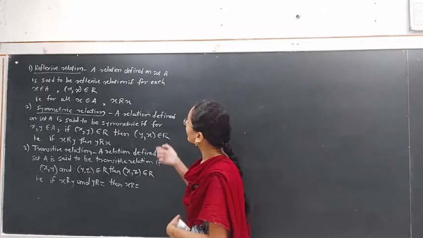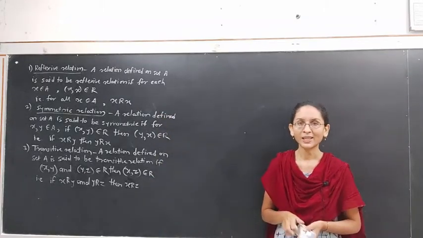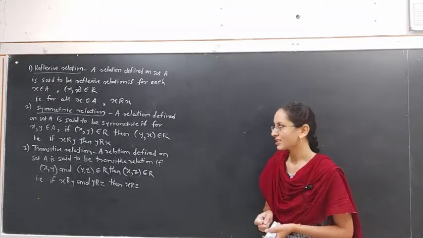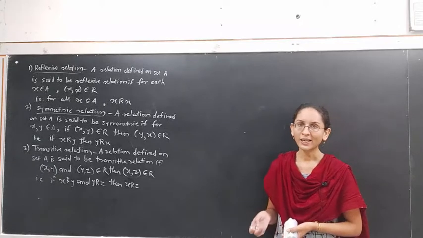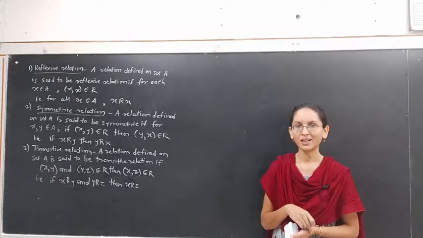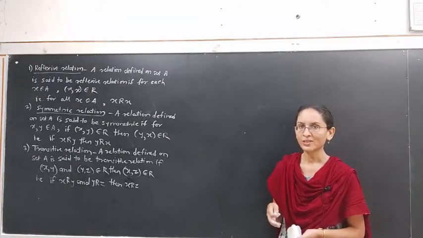Reflexive relation: a relation defined on set A is said to be reflexive if every element of set A is related to itself in set R. Symmetric relation: if one element of set A is related to another element in the relation R, then the second element should be related to the first element.